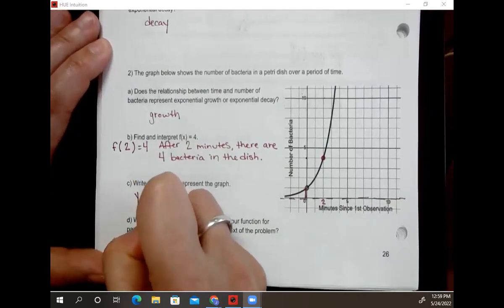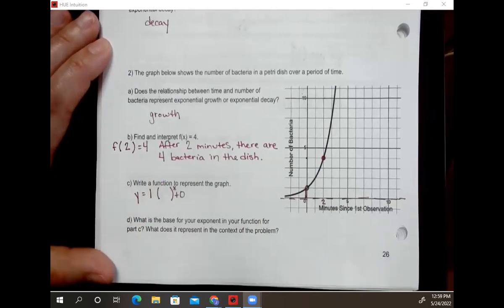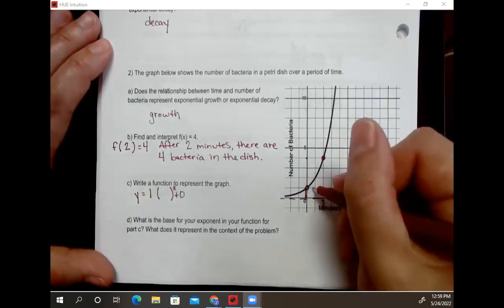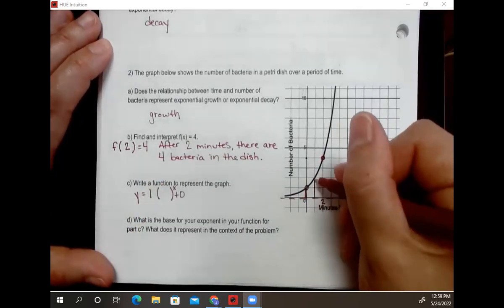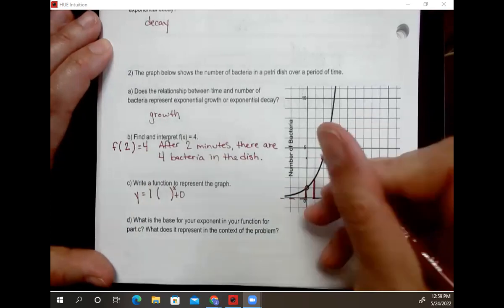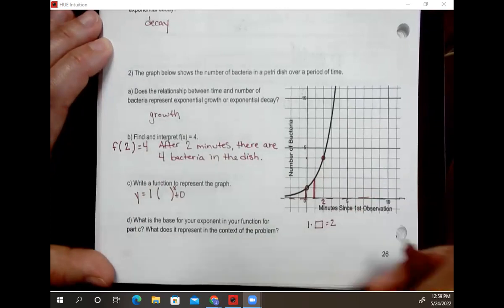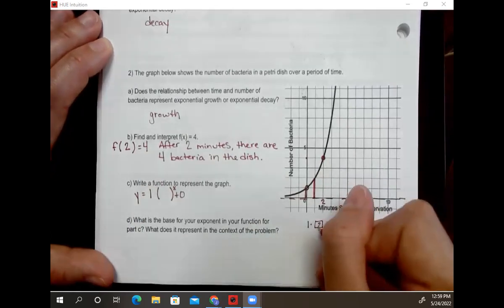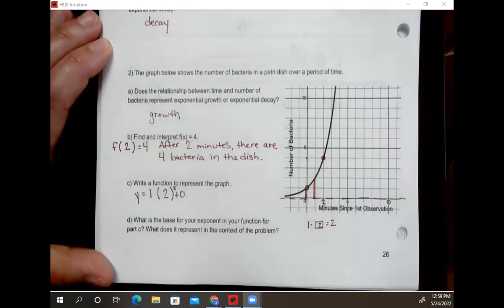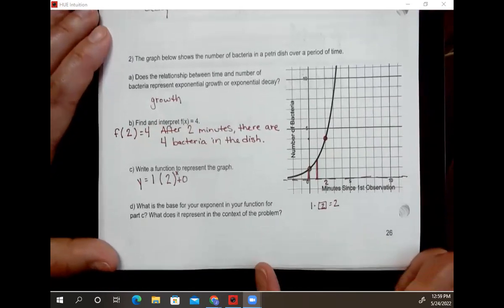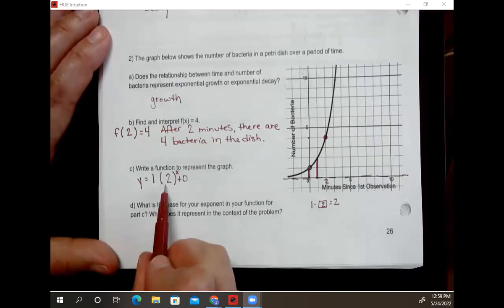And then for my base for the exponent, I want to look at how that distance changes. So as I move forward a spot, now my distance from the asymptote is 2. So 1 times what gives me 2? 2. So the base for my exponent is 2. Just like we did the other day. I've got one more question for you about problem number 2 here, and it's from our function.